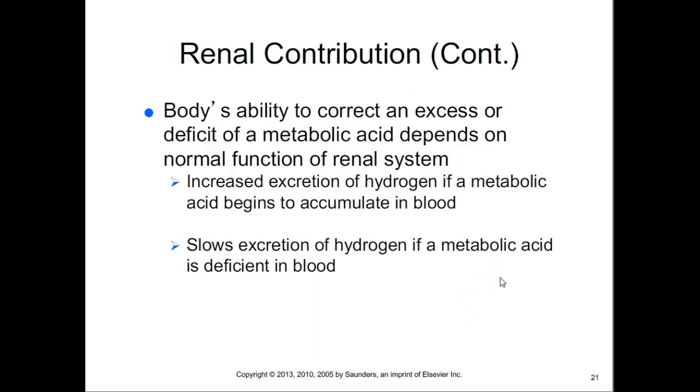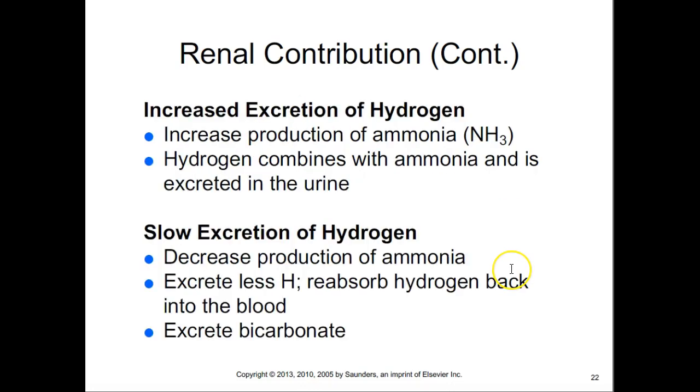All right, so the ability to correct an excess or deficit of a metabolic acid depends on a normal renal system. So increased excretion of hydrogen if metabolic acids begin to accumulate in the blood, and slowed excretion of hydrogen if metabolic acid is deficient in the blood.